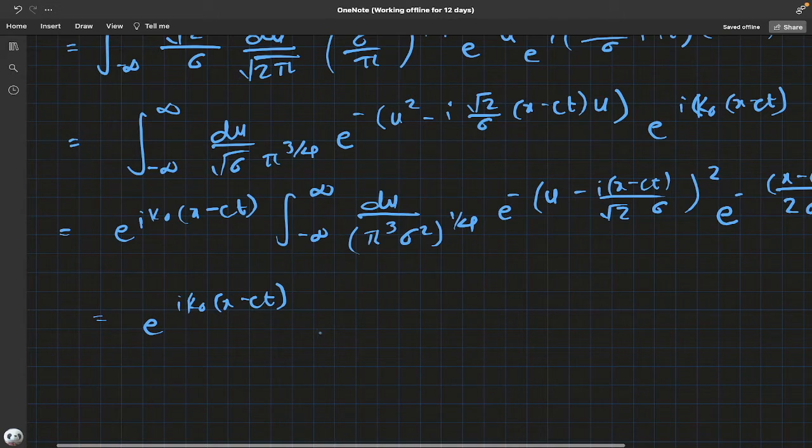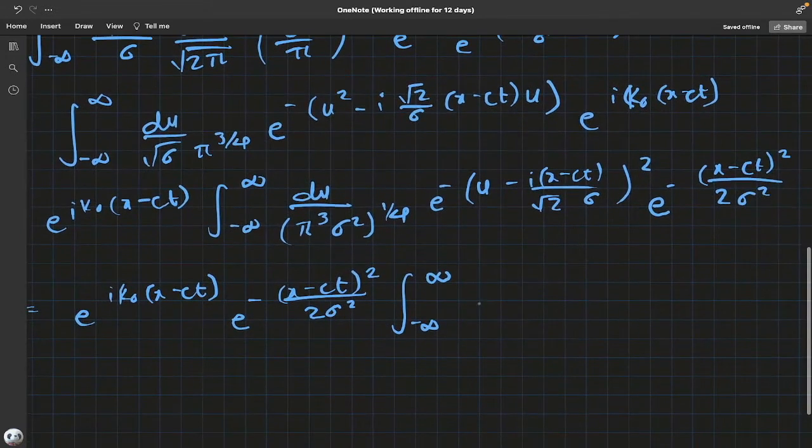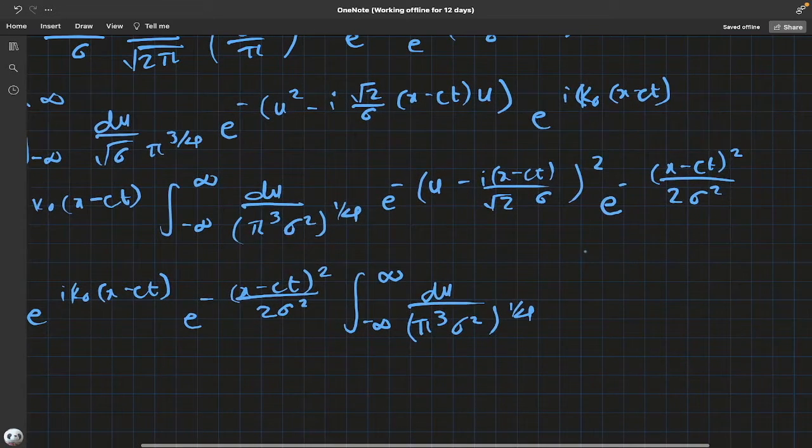This is actually a lot to write, lots of pen work. That's just the annoying bit about quantum, really. Atrociously long, big, annoying terms. So du over pi cubed sigma squared 1/4, e to the negative (u minus i (x minus ct) over root 2 sigma squared).